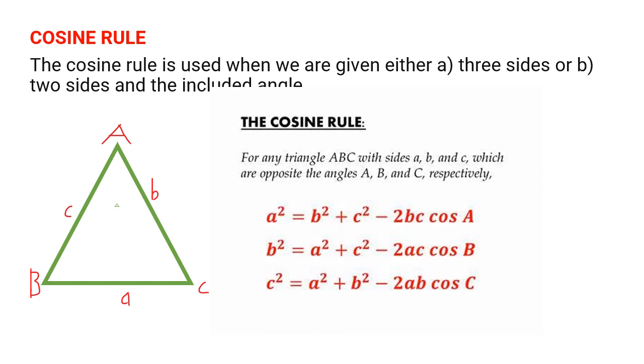So opposite of the angle A is side a. Opposite of the angle B is side b. We will use this in solving triangles, especially the oblique triangles.